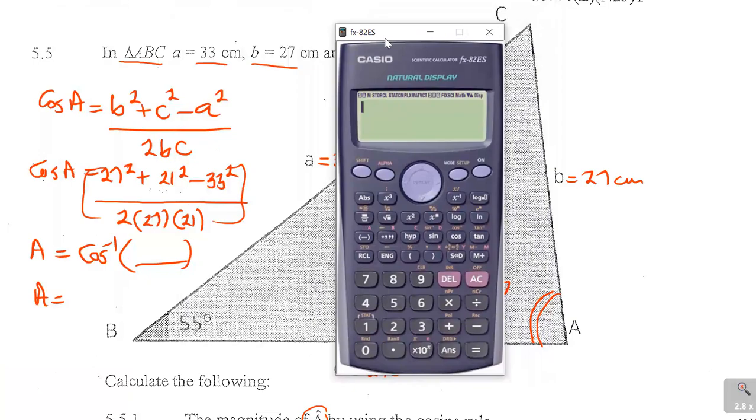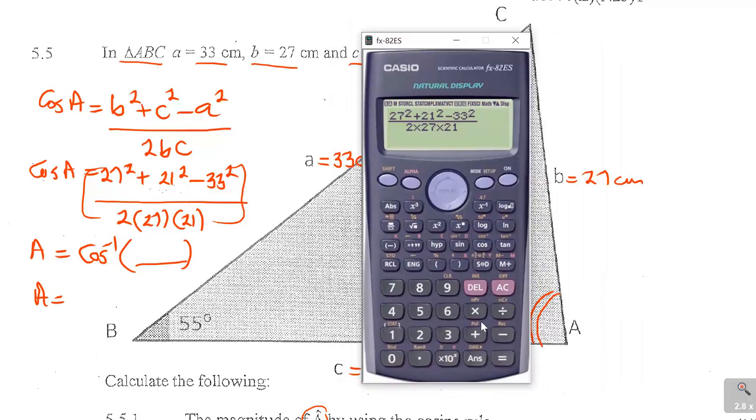With my calculator I can first do 27 squared plus 21 squared minus 33 squared over 2 times 27 times 21.